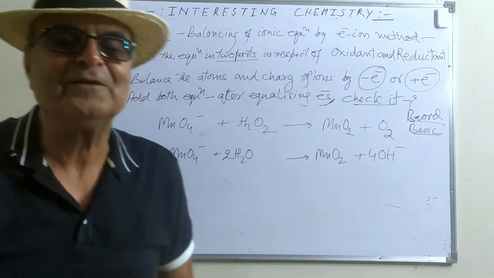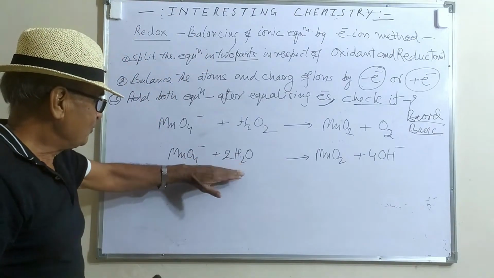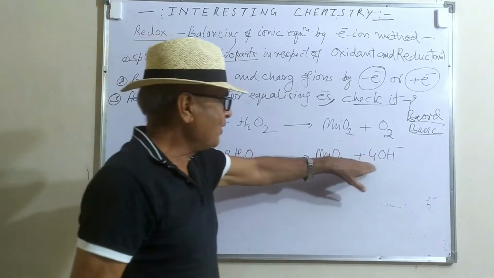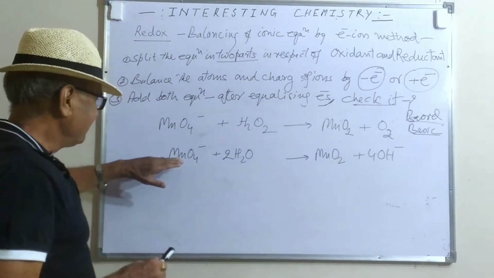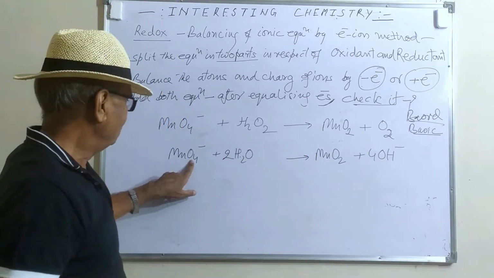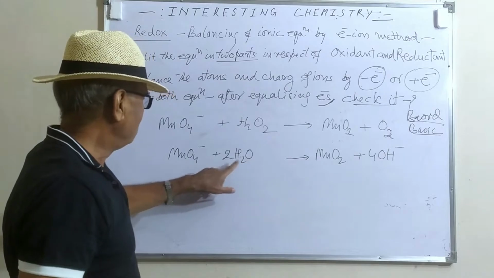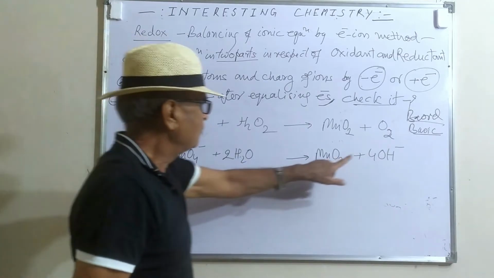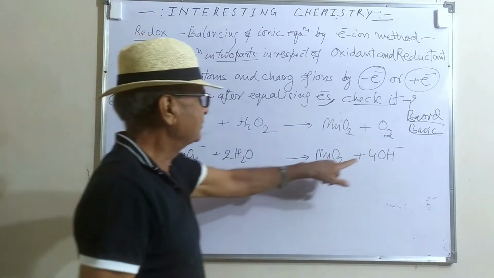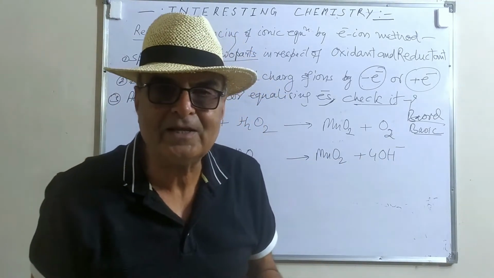In basic medium, you have to add 2S2O and this OH will be formed. So again Mn1, O4, 2, 6, 4, 2, 6, hydrogen 2 into 2, 4, so 4. This is a balanced equation.